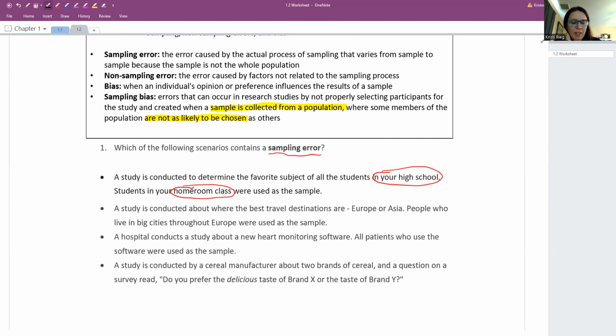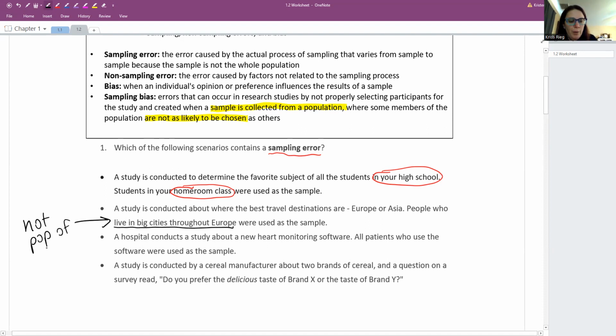I don't see any obvious red flags in this one, but we're not asking everyone in Europe. We're only asking people who live in big cities. We're not even asking everyone who lives in big cities. So this right here is not the population of Europe. It's a sample, but it's not the whole population of Europe.